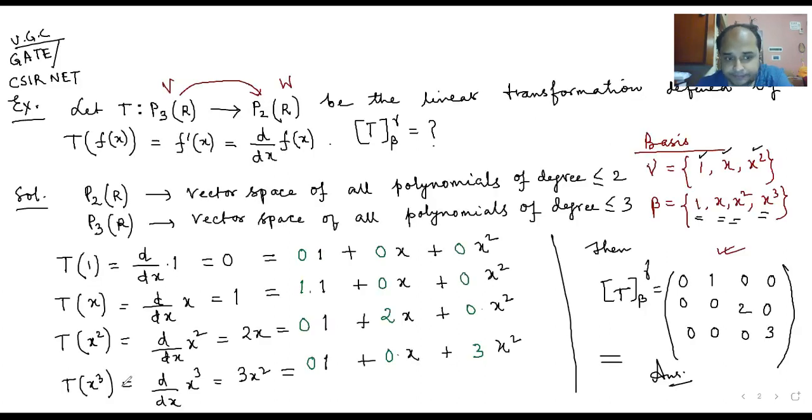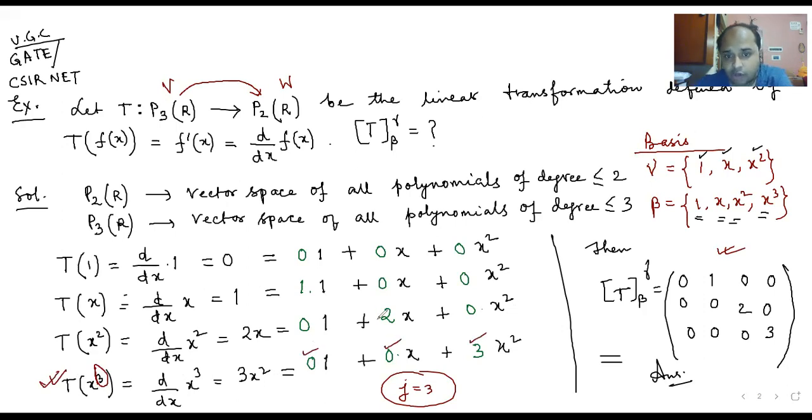Tx3, what is the meaning of this? Say, for example, my j is equal to 3. I am considering this case. Its coefficients are 0, 0, 3.